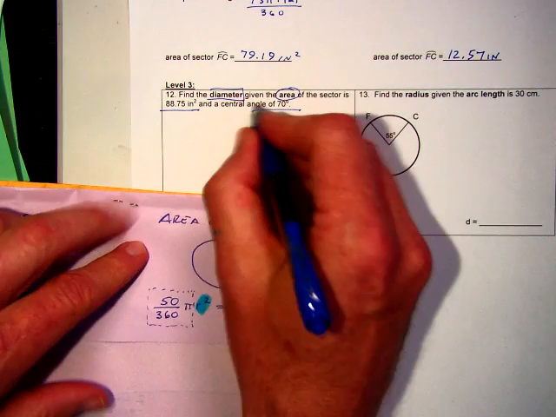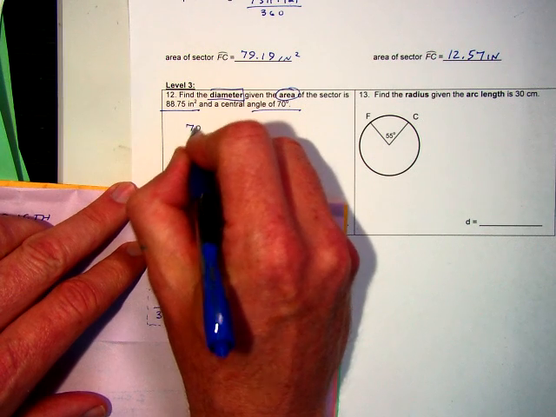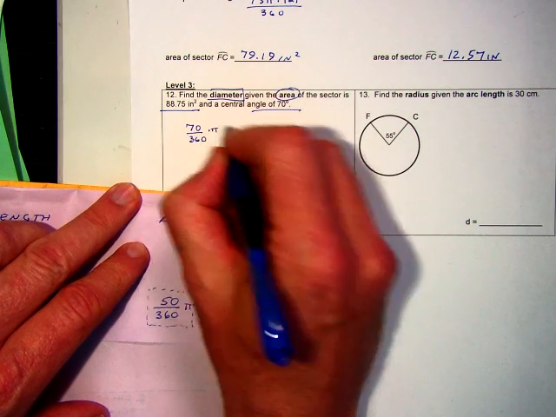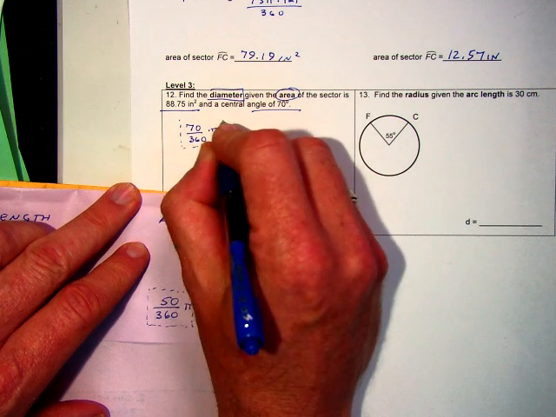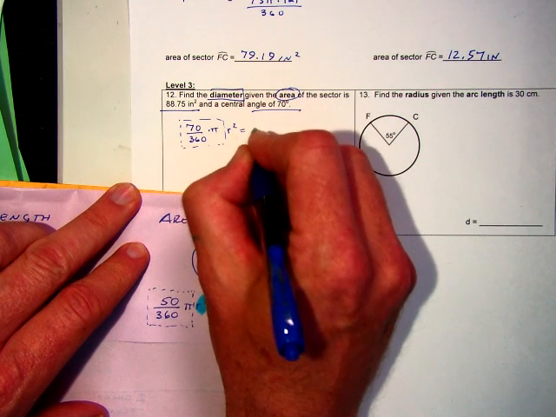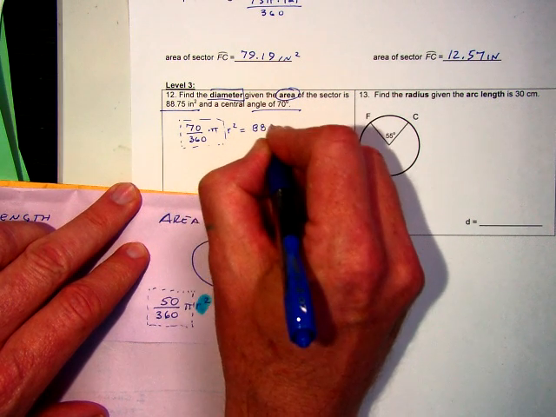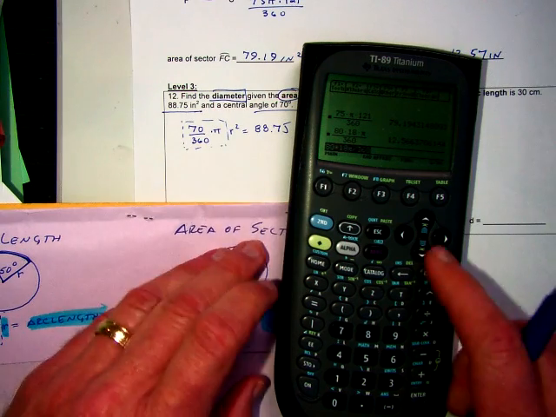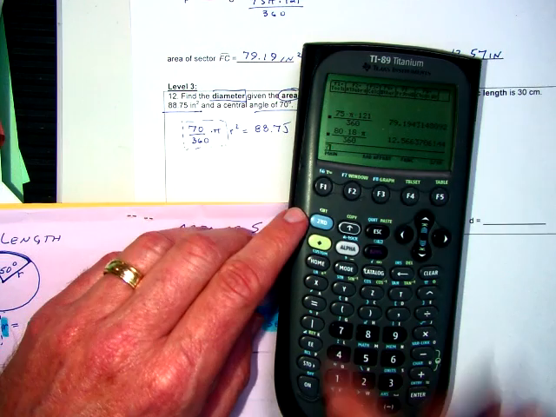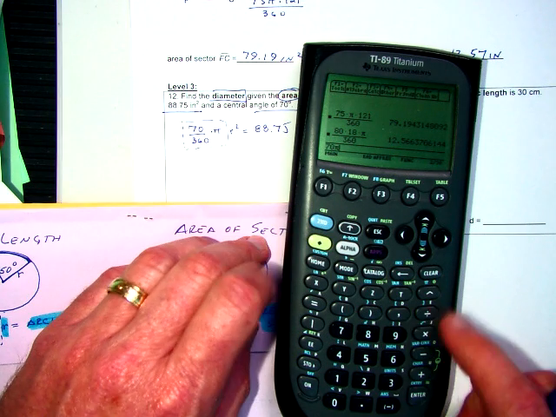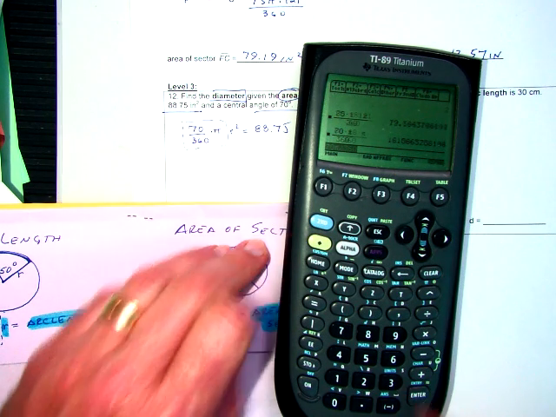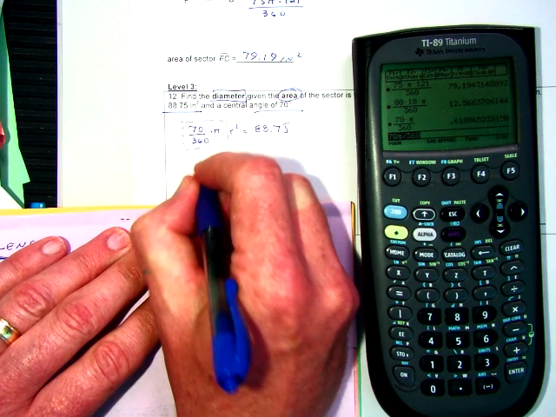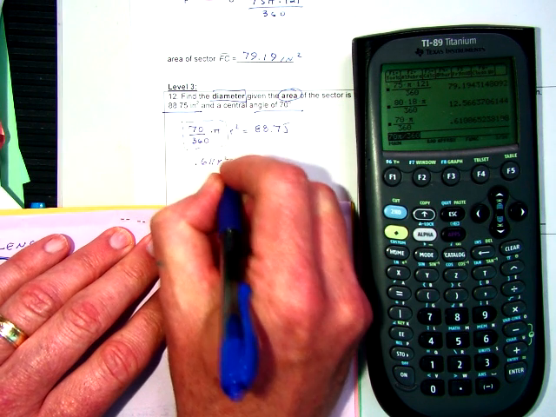So I'm going to have 70 over 360 times pi, and what was outside is r squared, and that's going to equal 88.75. Let me compute this. So this is 70 pi divided by 360, and I get 0.611. R squared is equal to 88.75.